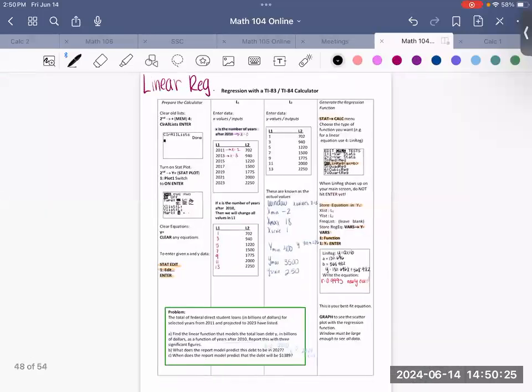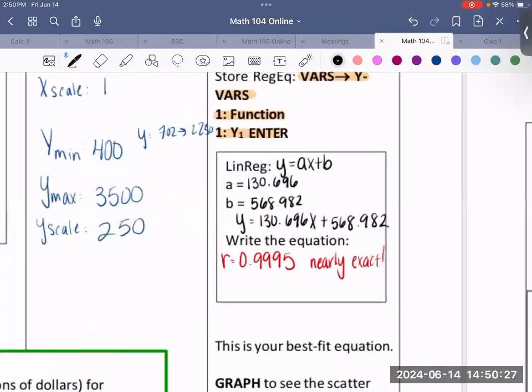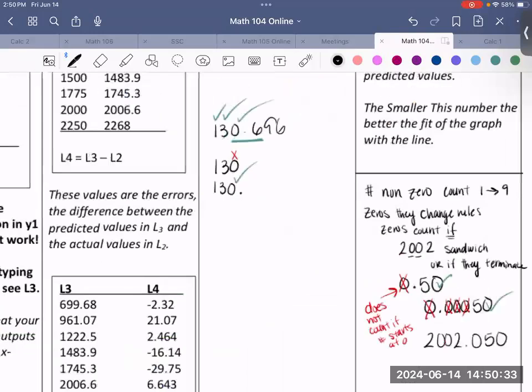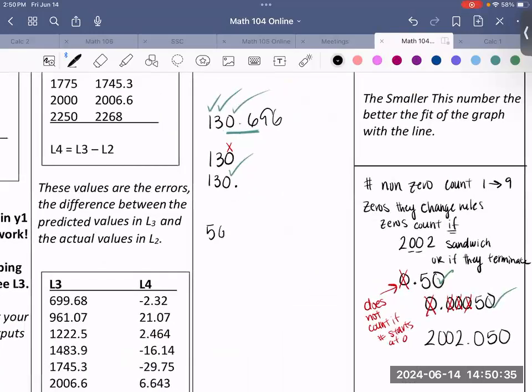Now let's try it again on your next one where we have 568,982. Try to get 3 significant figures here. This one should be a lot easier because all sig figs count if they're actual numbers, not 0.